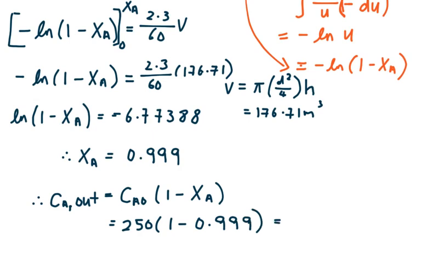Your concentration of A at the outlet will be equal to 0.25 milligram per liter. Part B wants you to convert this to become ppm. Since this is a liquid system, your milligram per liter and your ppm will definitely be the same. So it's equal to 0.25 ppm.